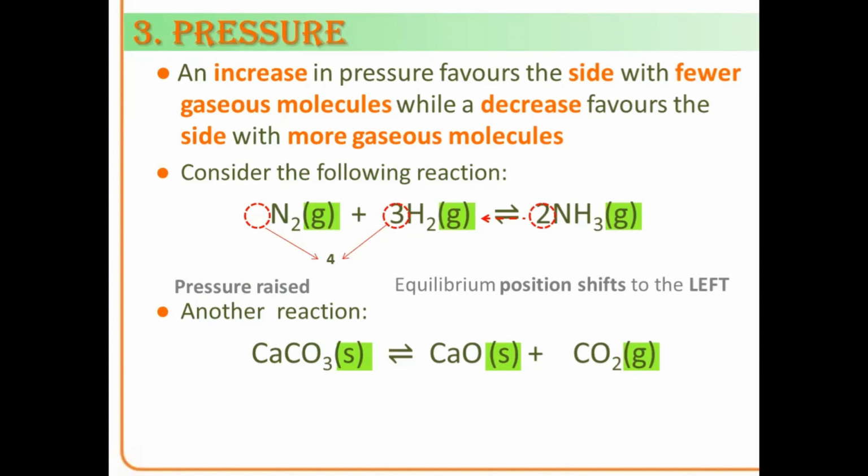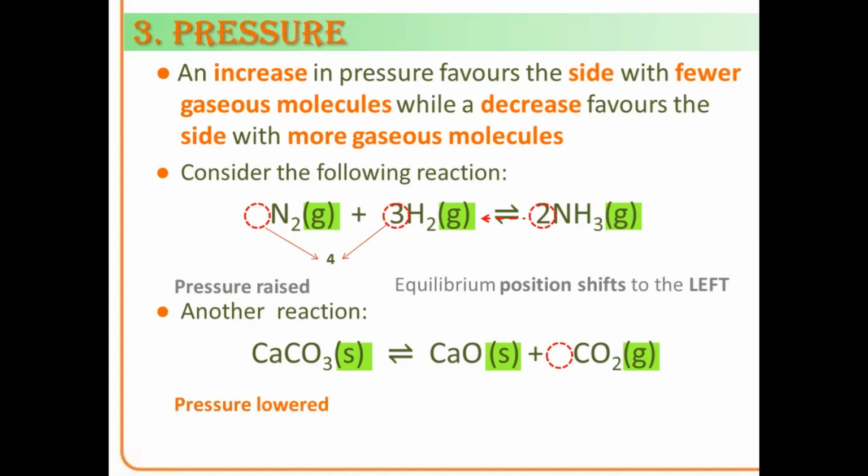So we do not even check the moles of the solid. We just go and check the moles of the gas, which is carbon dioxide. In this case, we only have 1 because there's no number there. It means 1. Therefore, we have more moles of gas on the right-hand side, which is 1, and fewer moles on the left-hand side, which is 0.